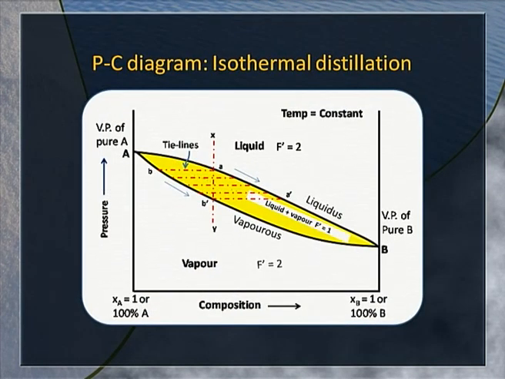Now, let us look at the diagram to find out where this can be made use of. You start with the liquid with the composition marked X, for which the number of degrees of freedom is 2. We know that temperature is kept constant, and decrease the pressure.